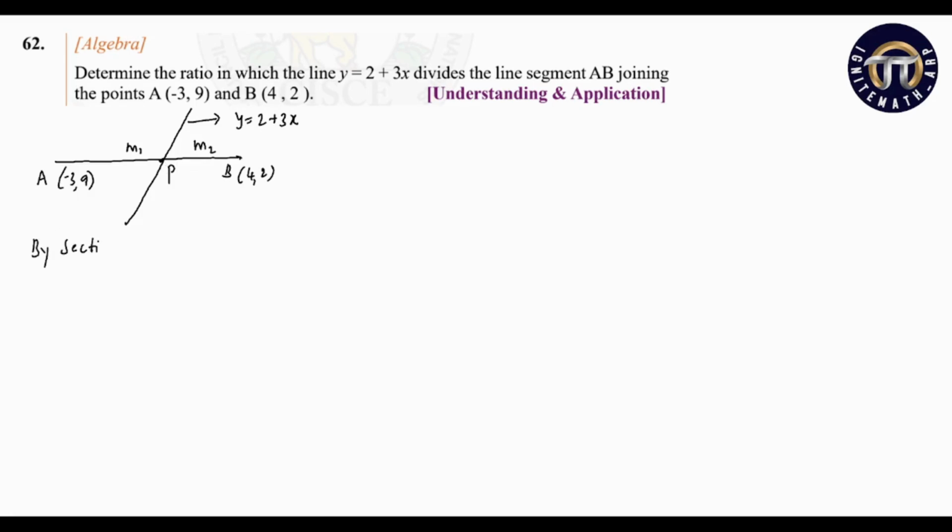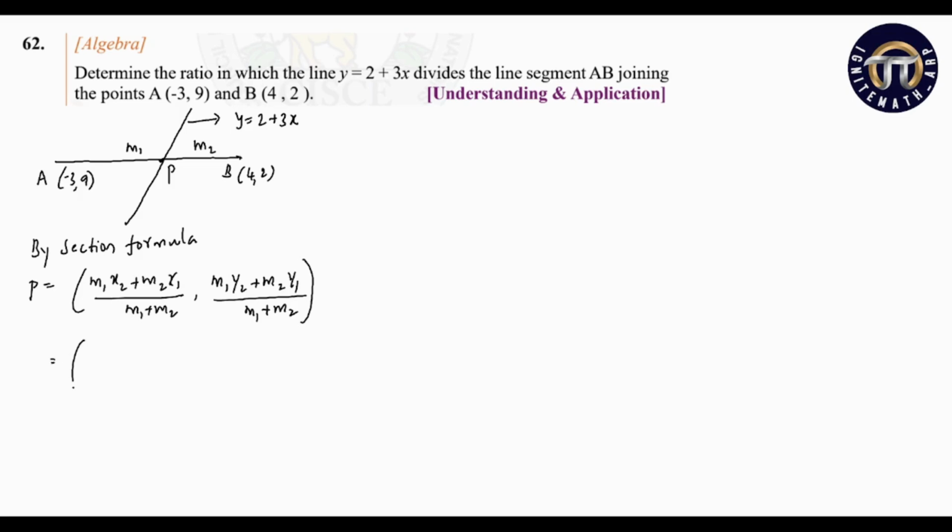By section formula, the coordinates of point P are given by m1 x2 plus m2 x1 by m1 plus m2, then m1 y2 plus m2 y1 by m1 plus m2. You can take the ratio as k is to 1 also, children.